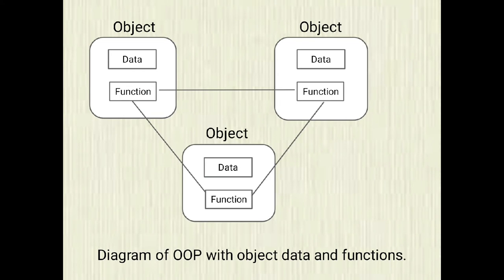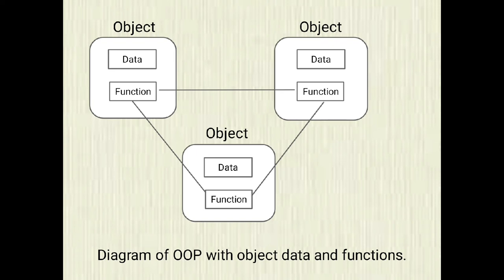Here's a pictorial diagram of object-oriented programming with the object, data, and functions. You can see here an object. An object has its own data and functions to execute on the data. You can see here three objects. Every object has its own data and every object has its own functions. So how does one object communicate with another object? It is through the functions.